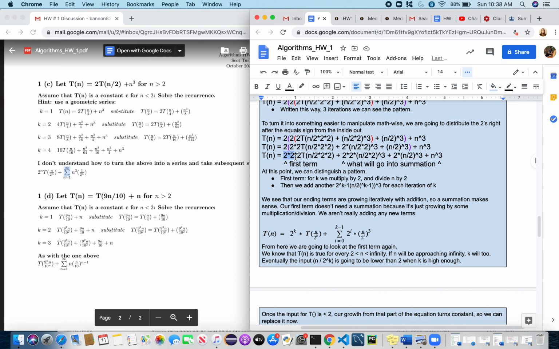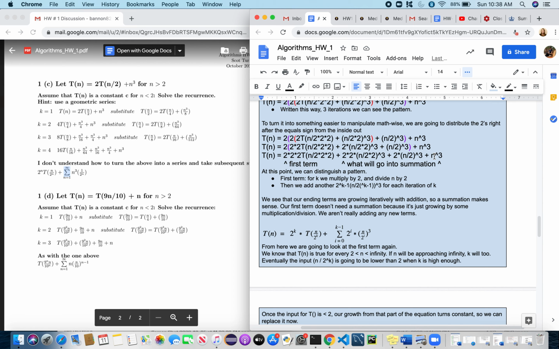So our first term, and we know k equals 3 iterations in, and 3 2's, 2 to the third times n over 2 to the third. And the rest of these terms, we notice that we went k in, and there are k of them. There are 3 of them.